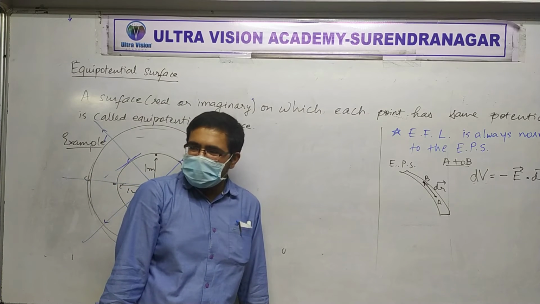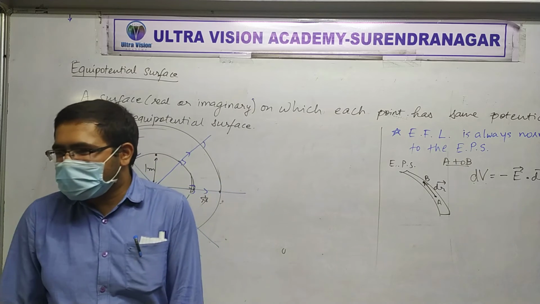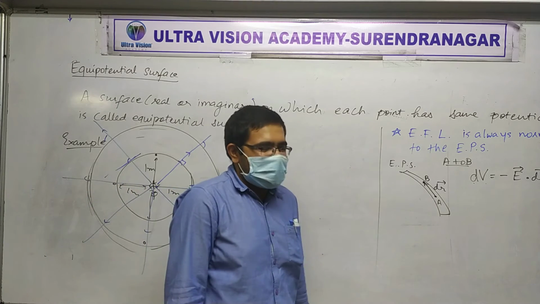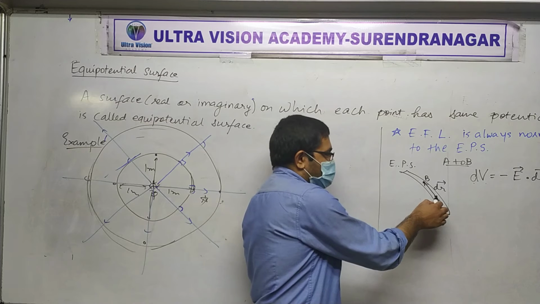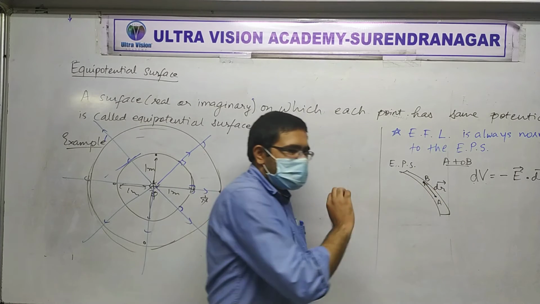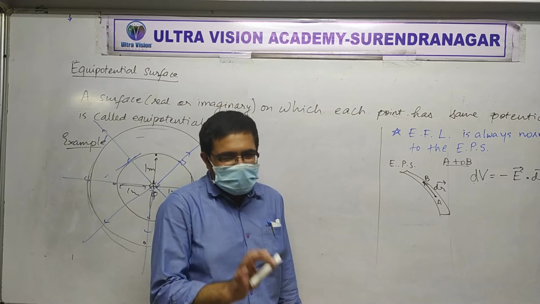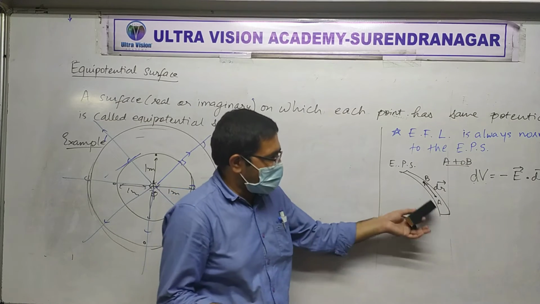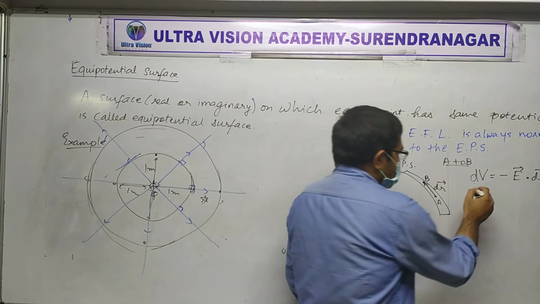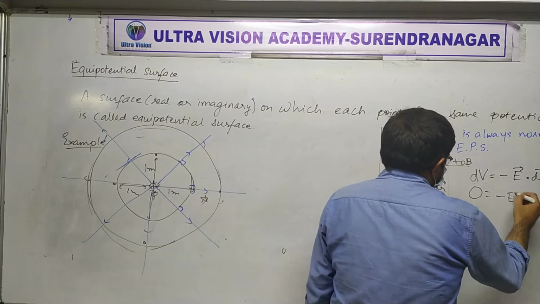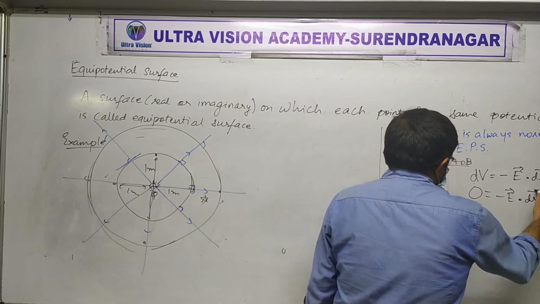Why? What is the meaning of equipotential surface? All points are at the same potential. So the change of potential when you go from A to B is 0, because A and B both have the same potential. So the left side of this is 0.